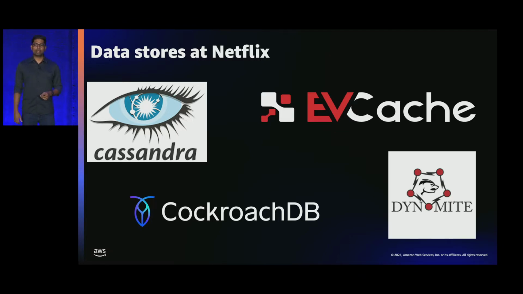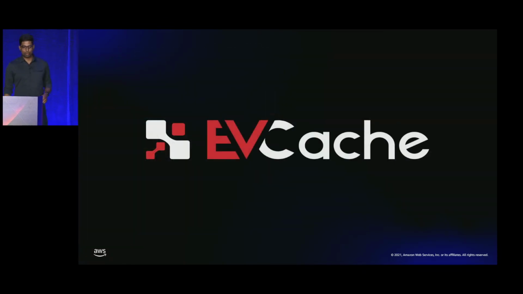EVCache and Dynomite are purpose-built within Netflix. EVCache is built on top of Memcached to make Memcached distributed. Dynomite is built on top of Redis to make Redis distributed. For the next half an hour or so, we want to limit our discussion to just one data store, because we really want to cover the depth instead of the breadth.